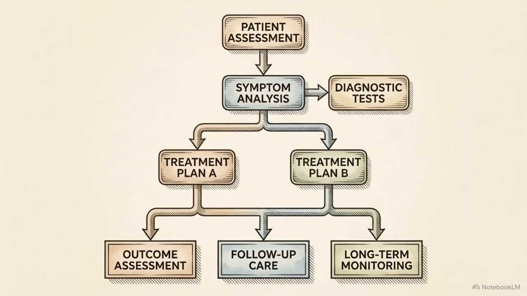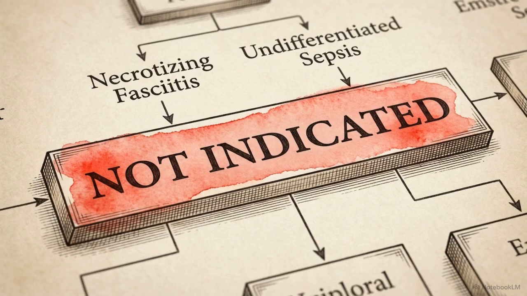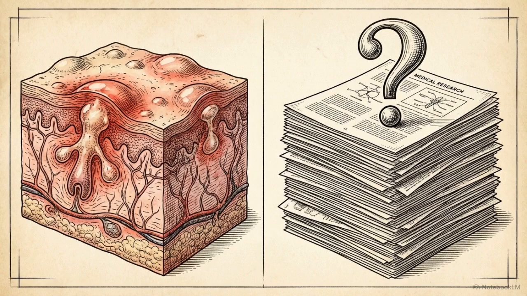This flowchart displays current clinical pathways which explicitly reject this practice. For conditions like necrotizing fasciitis, a lack of high-quality evidence has led to IVIG being removed entirely from modern commissioning guidelines. Similarly, there is conflicting evidence regarding immunosuppression for life-threatening mucocutaneous conditions like Stevens-Johnson syndrome and toxic epidermal necrolysis.